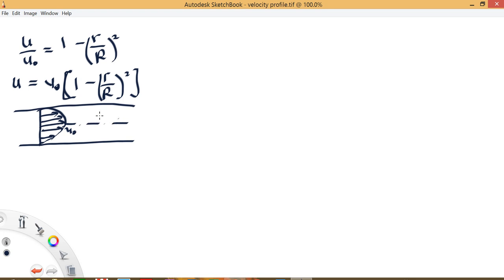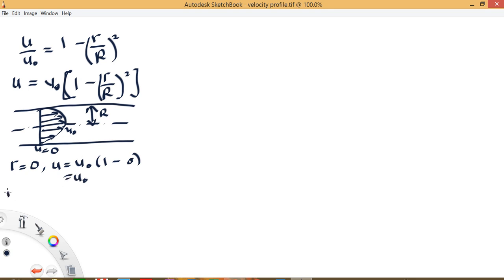This is the center with the radius R. If you replace r with 0, which is at the center, U equals U naught times 1 minus 0, so 1. So basically at the center, U equals U naught, which is the maximum.